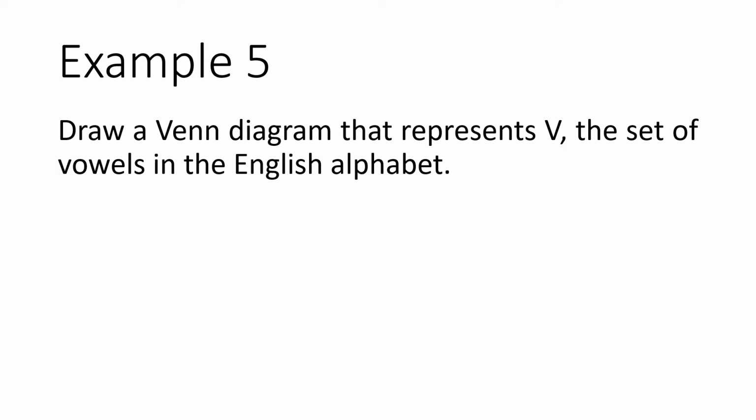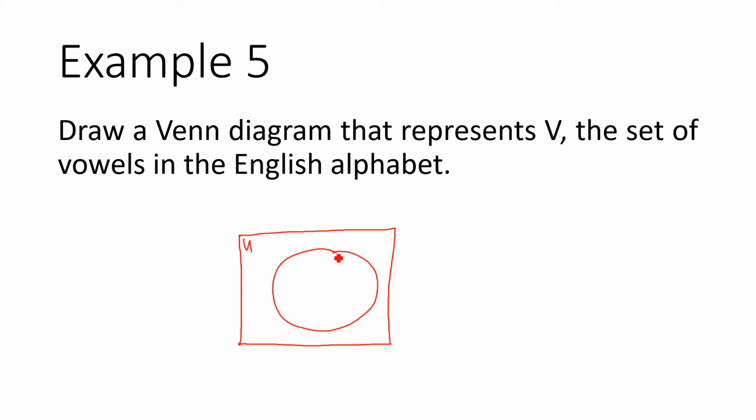So in this case, we draw a rectangle to indicate a universal set U. So you have a rectangle, and let's say this is our universal set U. And then we draw a circle inside the rectangle, and we may represent the letters with points.